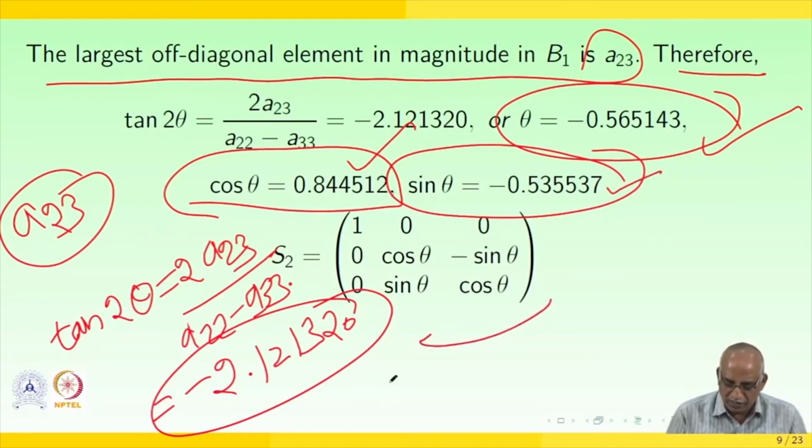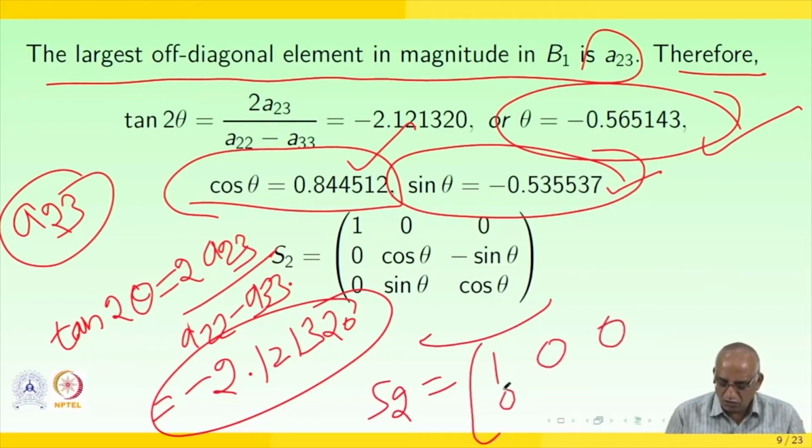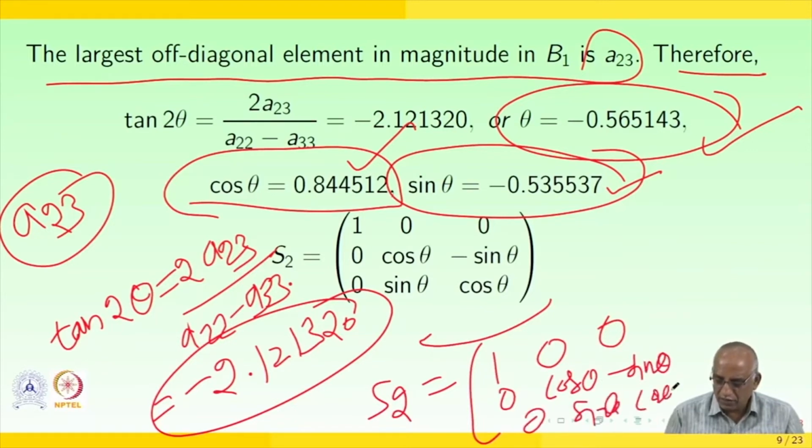So therefore, S2 you get as 1, 0, 0; 0, cos theta, minus sin theta; 0, sin theta, cos theta.